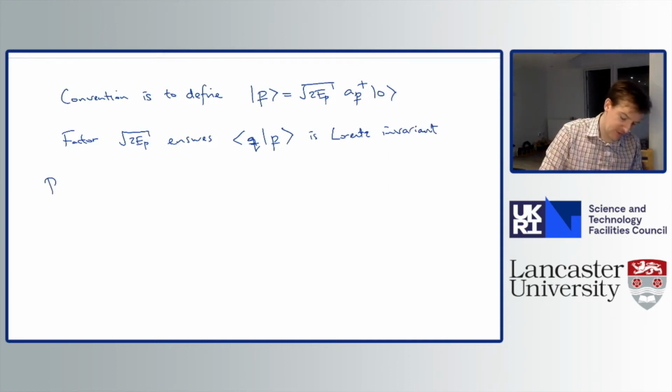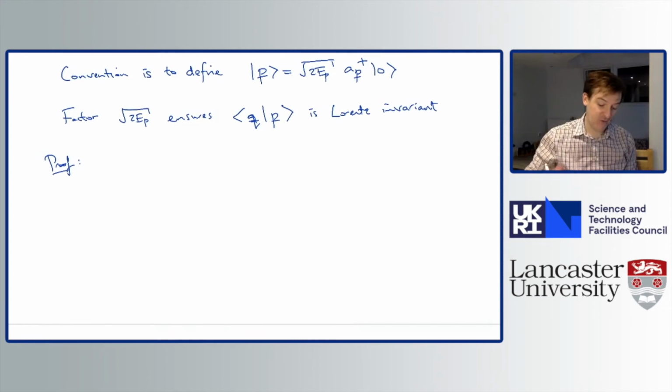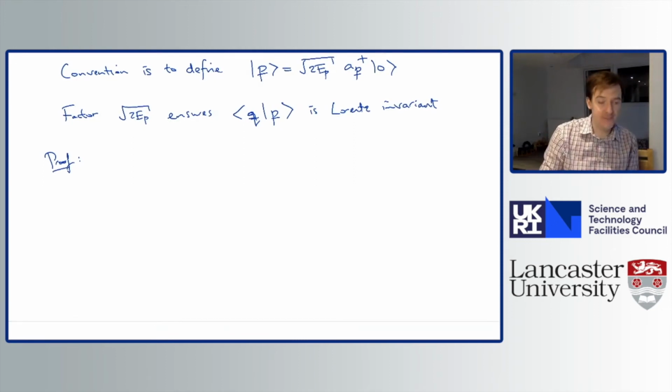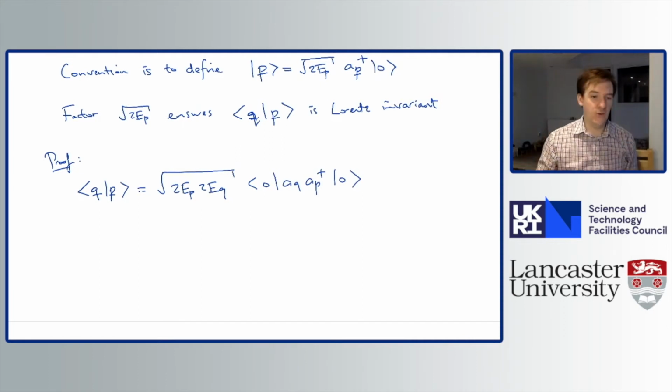Okay. Let me give you a sort of semi-proof of this. So I'll do the first half of the proof and leave the second half for you to complete in a problem sheet. Okay, so let's consider what <q|p> is. It's going to be root 2E_p, root 2E_q, and then we're sandwiching these operators between the vacuum states.